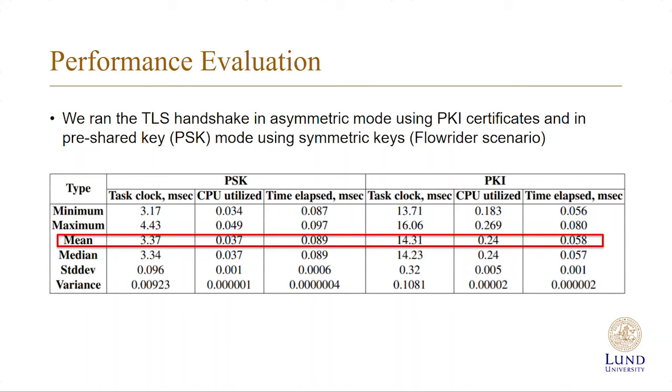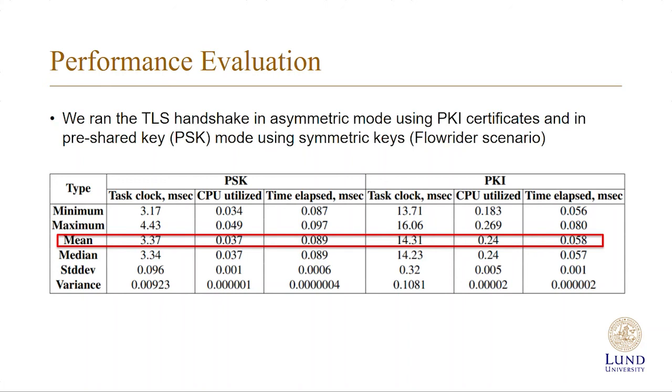And in our experiments, we have measured task clock, CPU utilization, and also the total time elapsed for the handshake. And here you can see the minimum, maximum, mean, median, and other values. And as you can see, the mean of the task clock is lower for Flowrider in PSK mode, which is 3.37, and in PKI mode, it's 14.31.